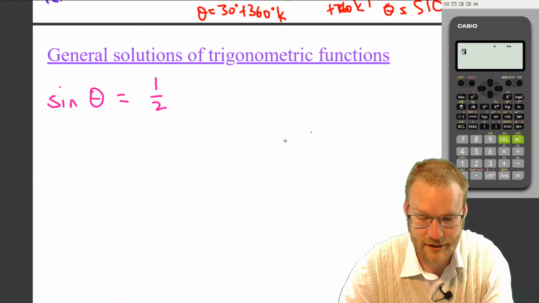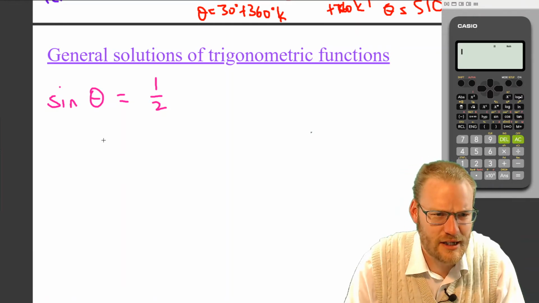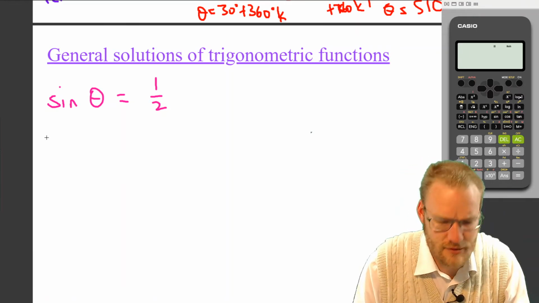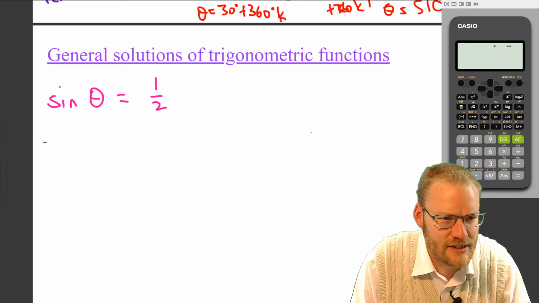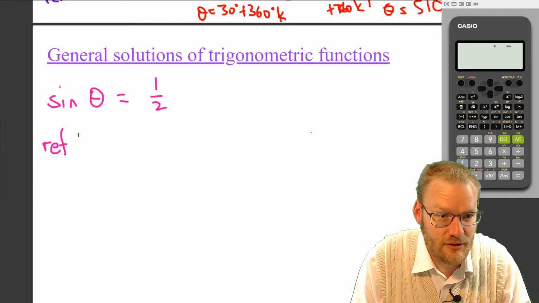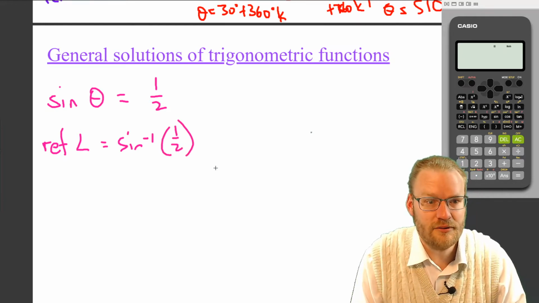Okay, I've got my calculator at the ready to say this is how I'd solve it. I'd say, let's find out what our two angles are. This is easy. My reference angle, this is important, is informally shift sine of a half.